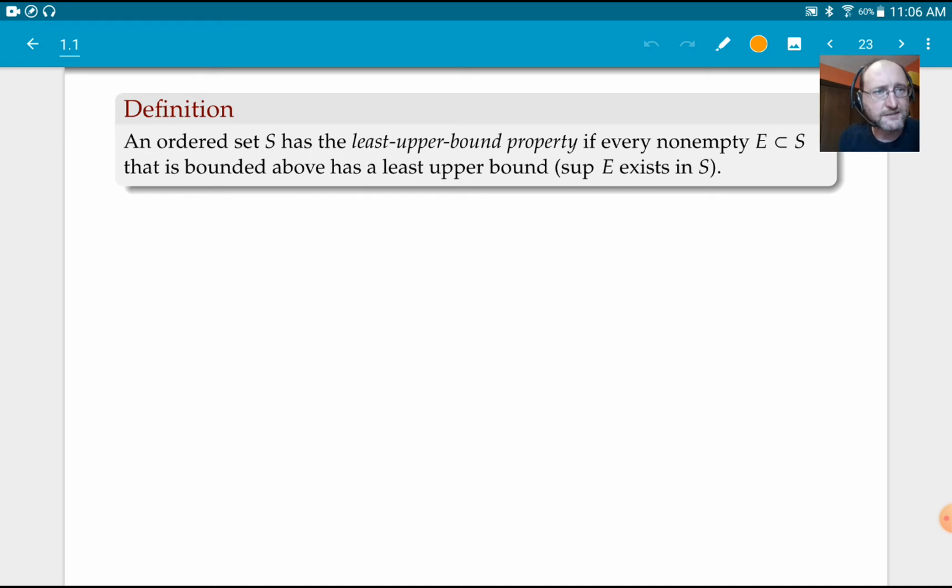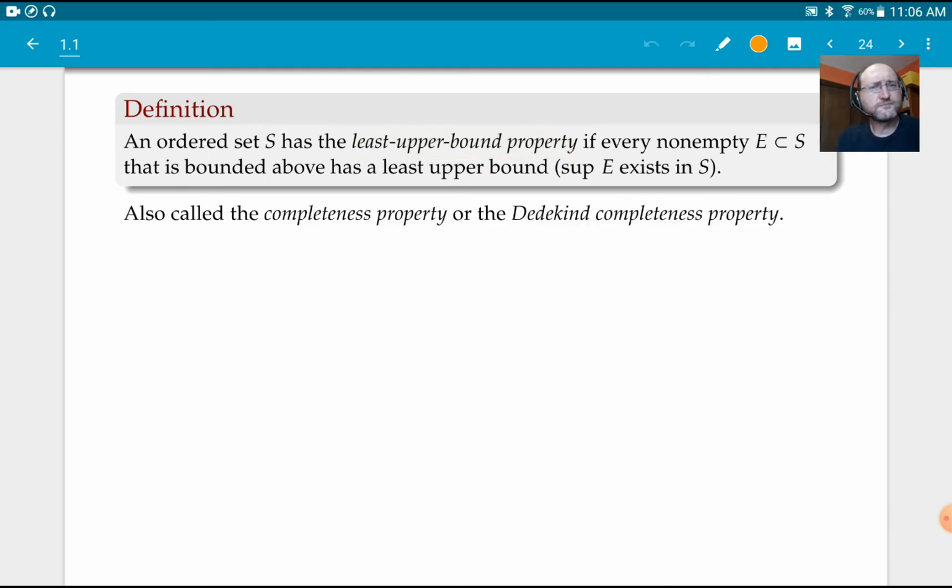It might not be in E, but it's some element in S. So that's what it means that S has the least upper bound property: for every set bounded above, we have a least upper bound. There could be a similar greatest lower bound property, but it will turn out that we won't really worry about that. So we're just defining the least upper bound property. Sometimes this is called the completeness property or Dedekind completeness property, especially if we're talking about the real numbers.